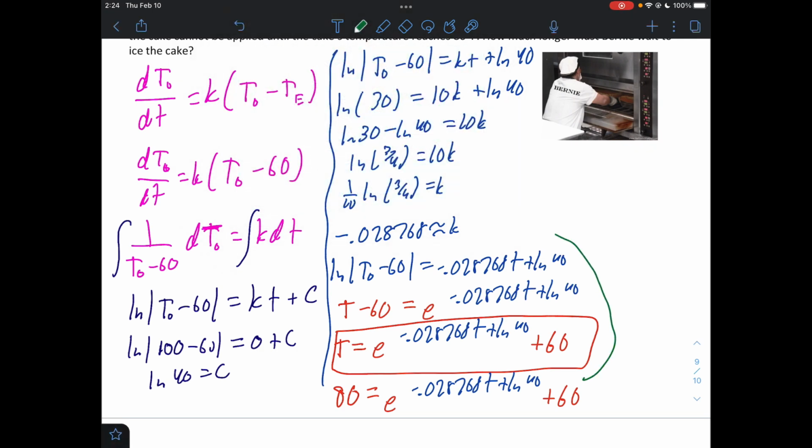Let's go back up here now. Subtract 60 from both sides. We get 20 equals e to the negative 0.028768t plus ln 40. All right, we could break that up into 2, and that would be 40 e to that power.